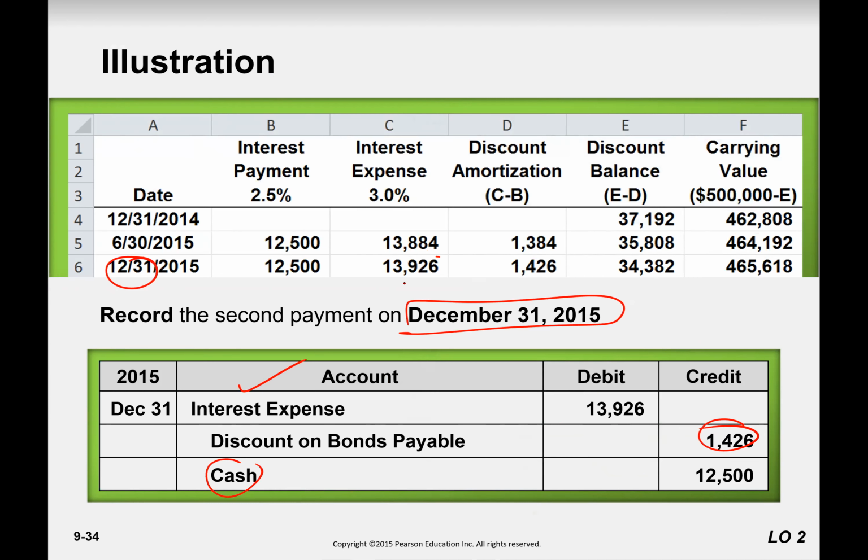Because now we are paying the second one, and this interest expense is based on the preceding bond value, which is 3% of 464,192, right? Only the figures change, the entry is the same.